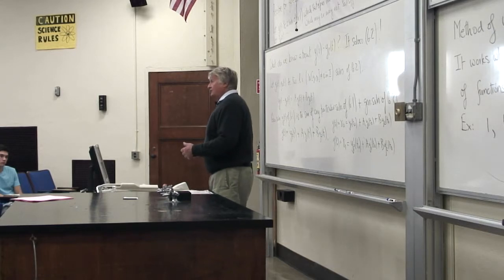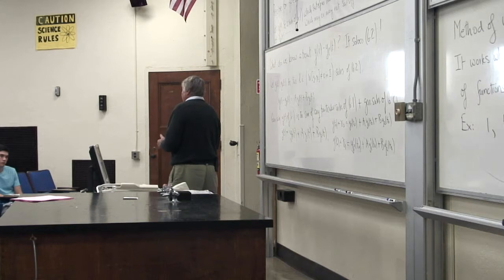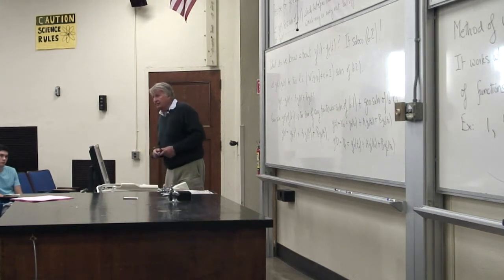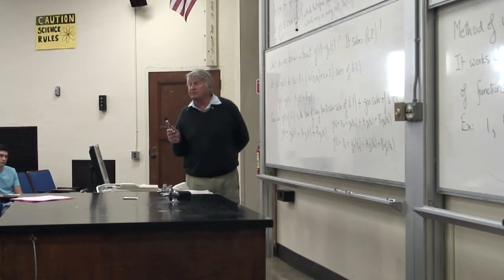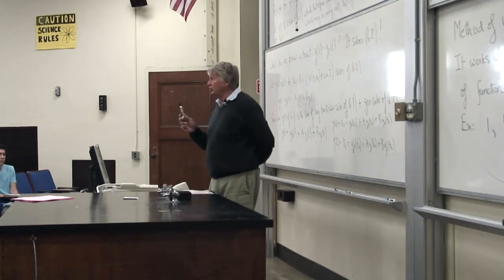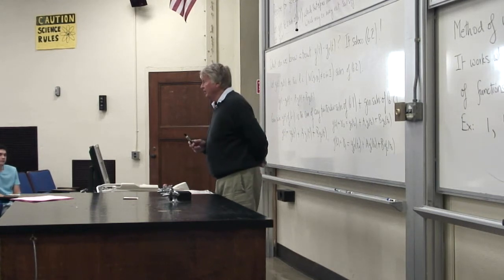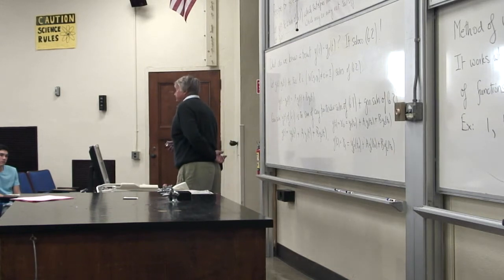So why do we waste our time on this simpler method, which only works for a special class of functions? The answer is the general method, the method of variation of constants, while being very useful, is also calculationally challenging.